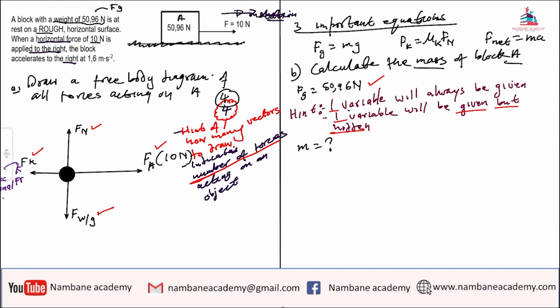And once I can get that variable, it is then that I can choose the correct equation. I cannot choose the correct equation just because. One is given, we are given weight. We know the question is the mass. And one variable is given, but it's hidden somewhere. And if it's hidden, ladies and gentlemen, it says to us, apply principles or use data sheet constants.